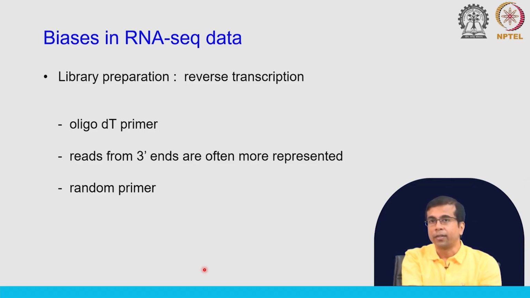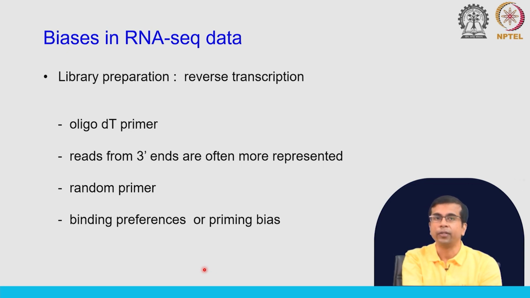Now, researchers suggested that maybe we can use random primers instead of oligo-dT. This should solve the problem of this bias towards certain regions, right. But again, we have binding preferences. These are usually random primers, but they will again have binding preferences for certain regions, which we call priming bias, and this can again lead to only certain fragments being overrepresented in the read data.